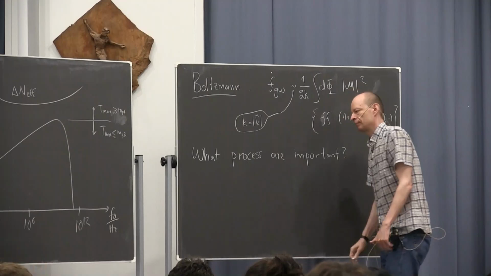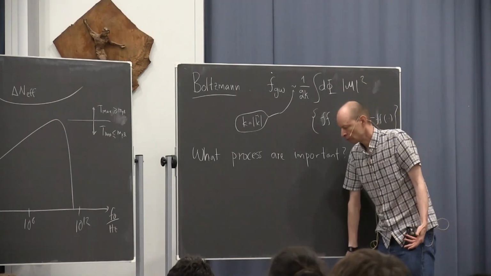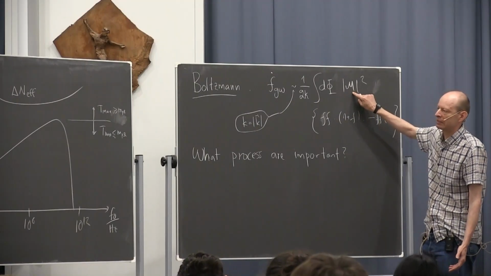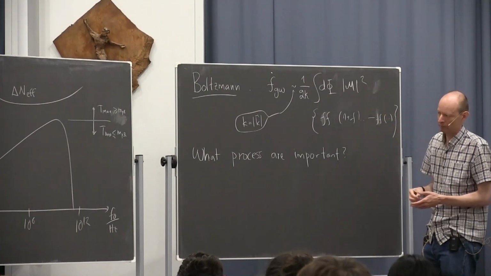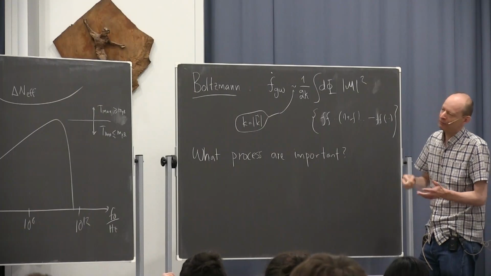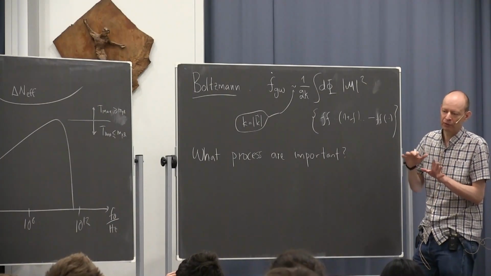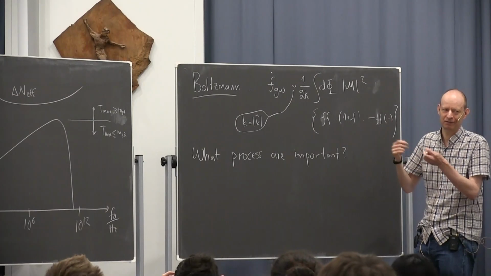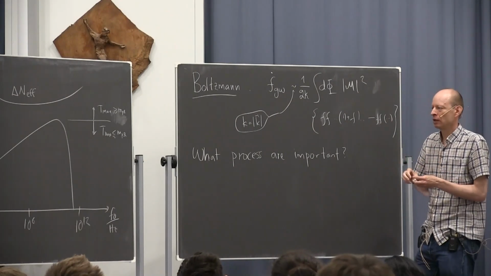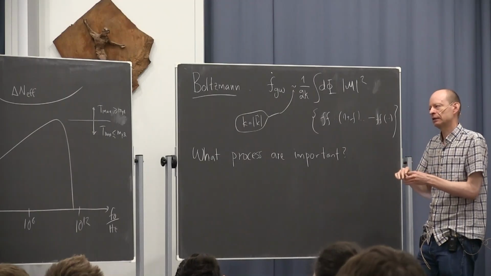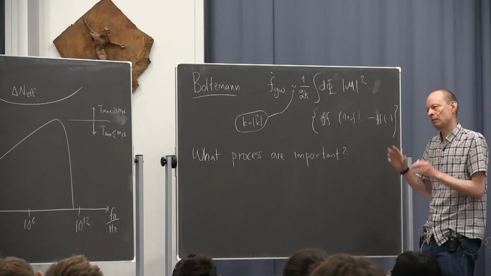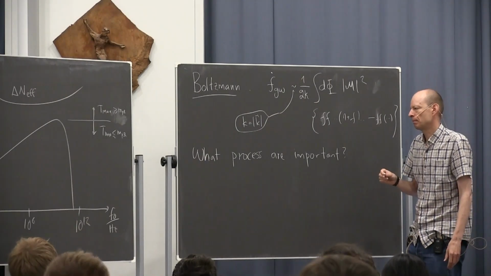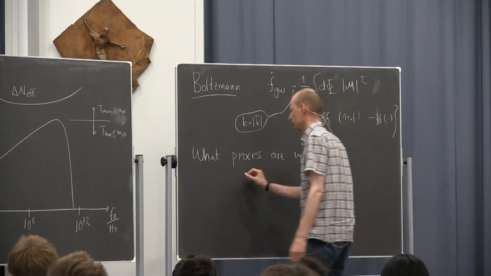So now, what processes are important? These processes involve scatterings of particles. And very often in cosmology, when we think about some physics, the tendency is to take scalar fields because they are simple. But now we want to be a little bit more realistic, and what I will have in mind is mainly gluons.